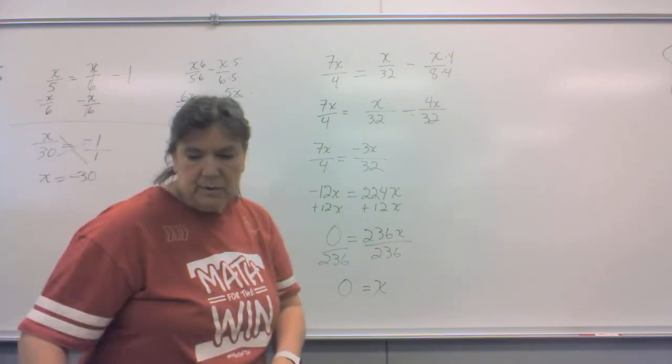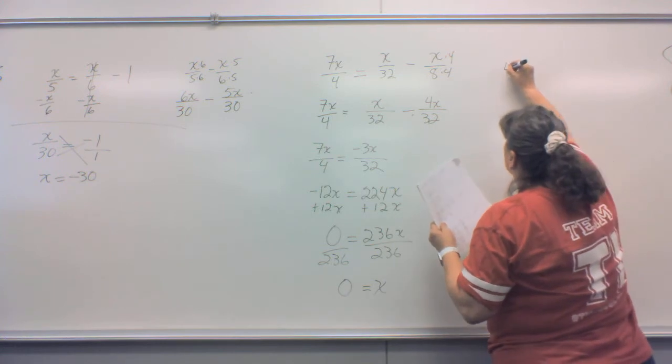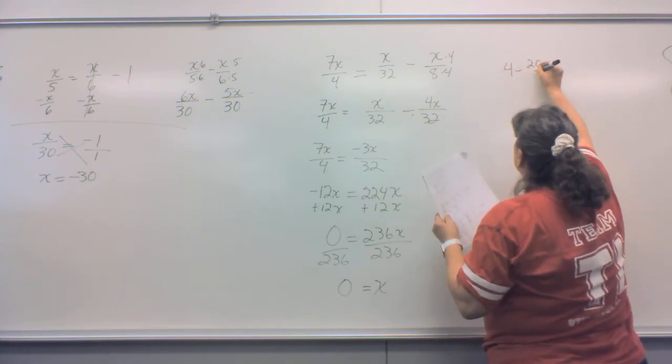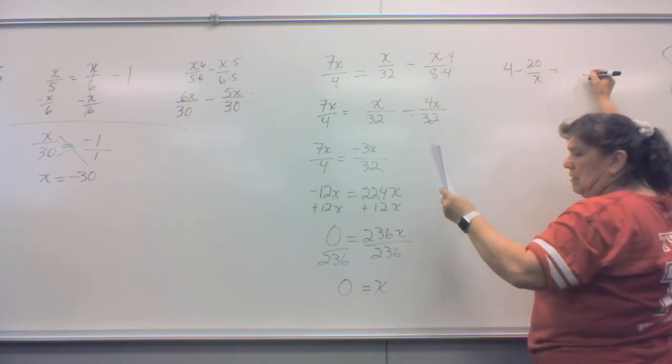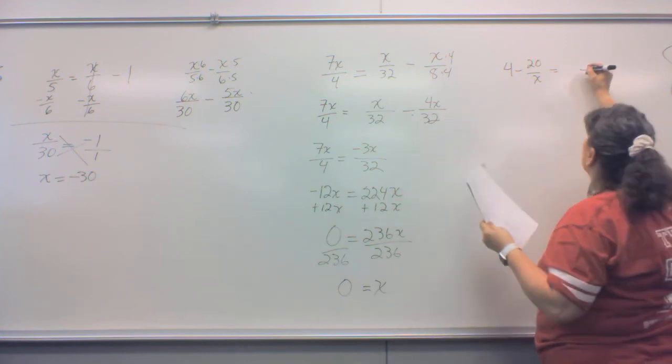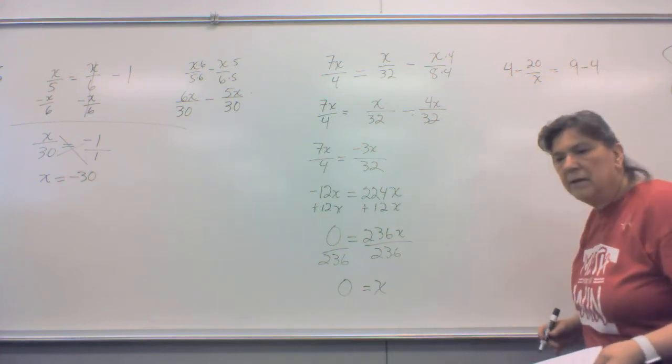Okay, let's do this one over here. 4 minus 20 over x is equal to 9 minus 4. Okay?